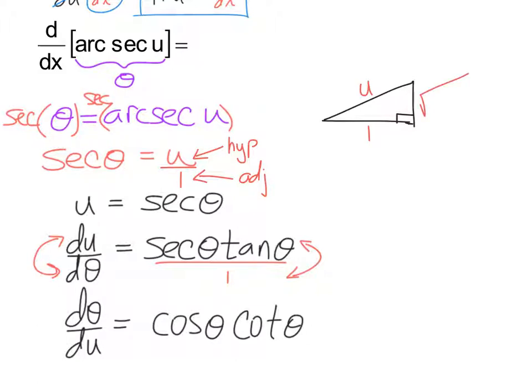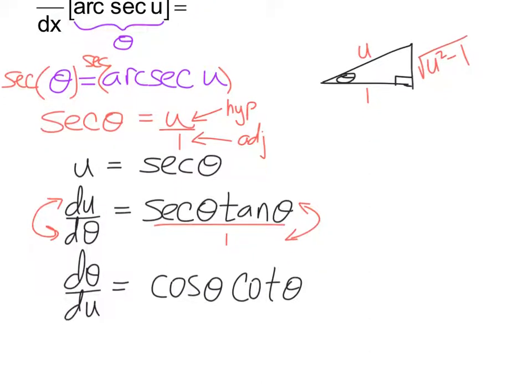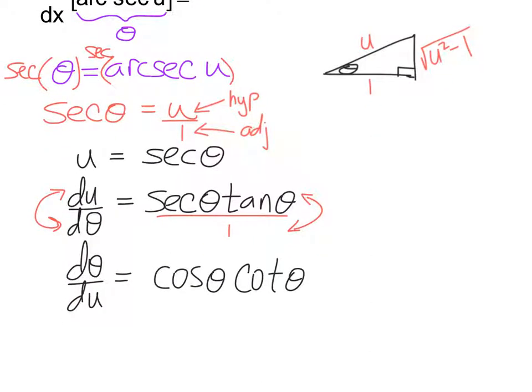Square root of what? u squared minus 1. All right, so we have our reference angle theta tucked in there. From that perspective, we have an adjacent, we have an opposite, and we have a hypotenuse. So now it's just a matter of writing, instead of cosine, we would say the adjacent side, which is 1, over the hypotenuse, which is u.